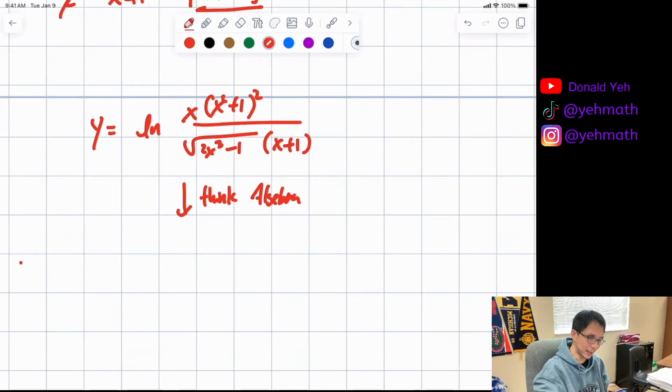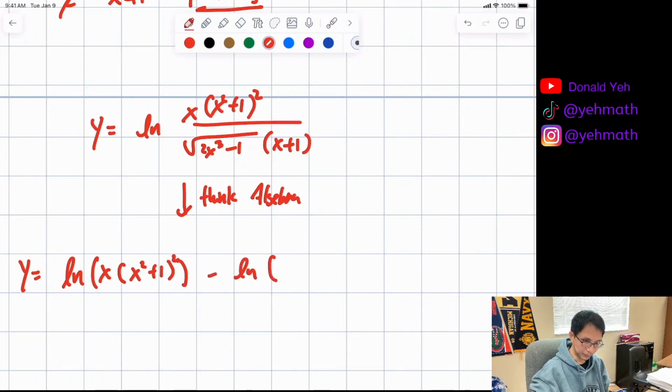So can I expand this? Oh, I see. It's gonna be a lot of logarithms.